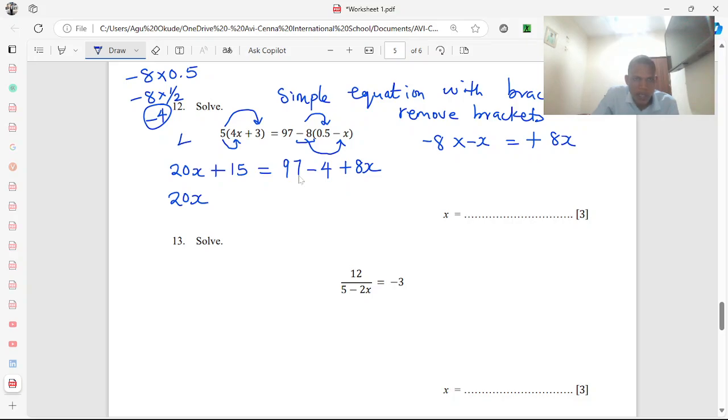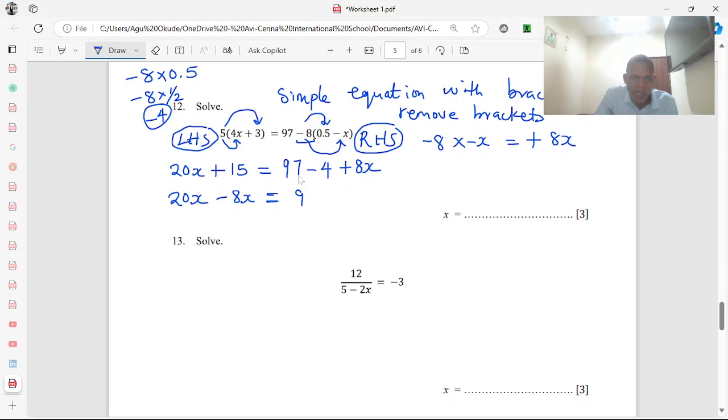This is my left hand side and this is my right hand side. By the time plus 8x moves across to the left hand side, it must change the sign, so you now have -8x. You put your equal to.